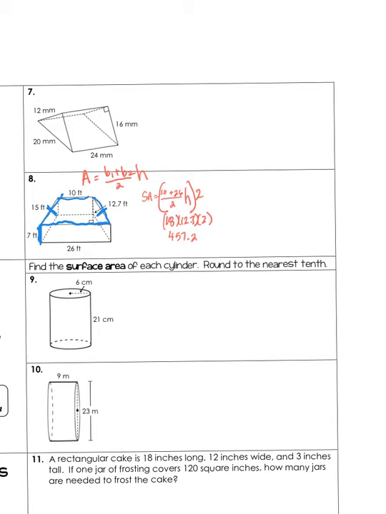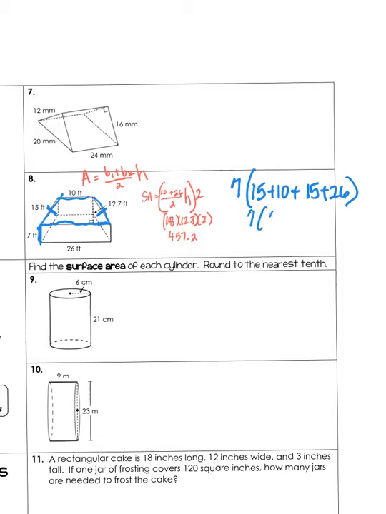Since they're all being multiplied by 7, I can use what we fondly refer to as the distributive property and take 7 multiplied by the 15 plus the 10 plus the 15 plus 26. So we're going to add up all of these and then multiply by 7. All that together is 66.